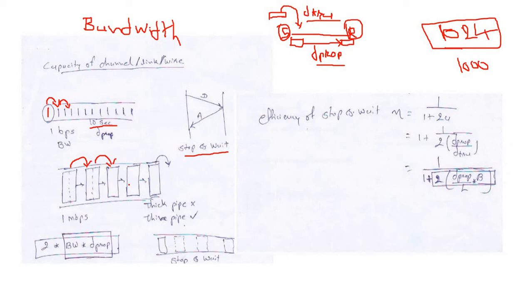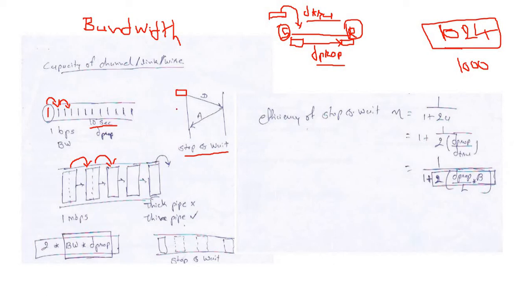Now look at the stop and wait protocol. So what happens in the stop and wait protocol? We are using transmission time only. Suppose here we are sending the data. We are sending one data packet from here. So it is our transmission time.